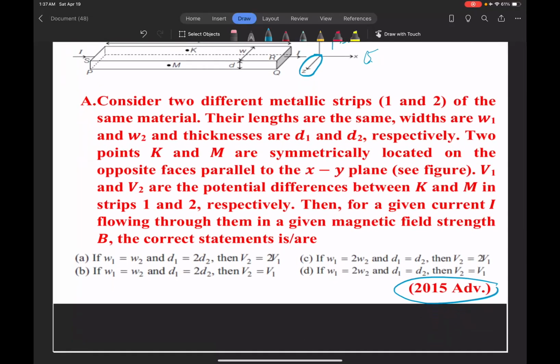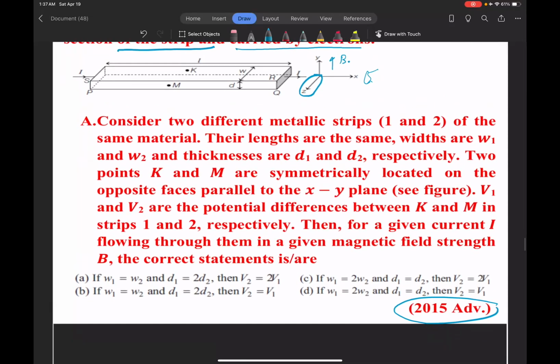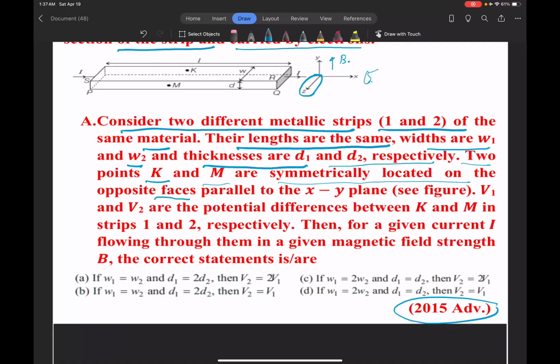Based on this description, there are two questions. In the first question, it says consider two different metallic strips, 1 and 2, of the same material. Their lengths are the same, widths are W1 and W2, thicknesses are D1 and D2 respectively. Two points K and M are symmetrically located on the opposite faces parallel to the XY plane, see figure. V1 and V2 are the potential differences between K and M in strip 1 and strip 2 respectively.